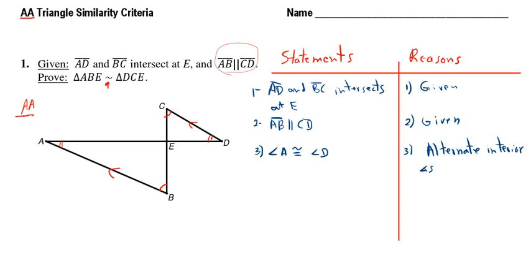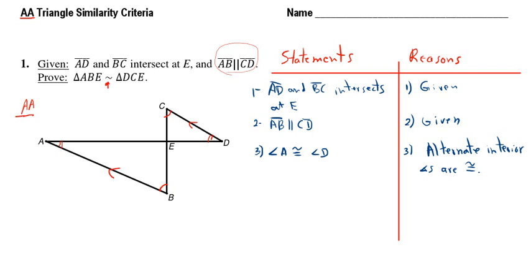What else? What do we know about alternate interior angles? What are we saying? They are, yes, congruent. Don't leave it incomplete. Just put it: alternate interior angles are congruent. That's what we are saying here.